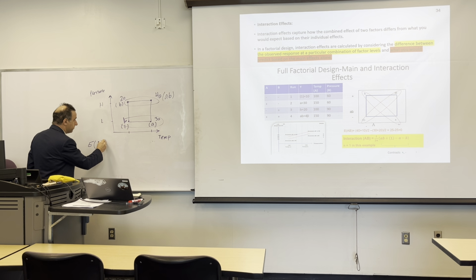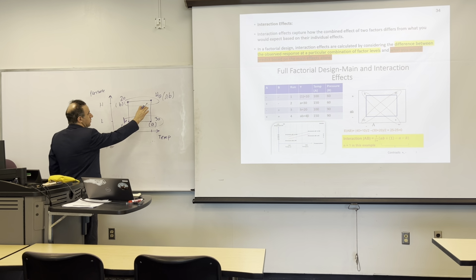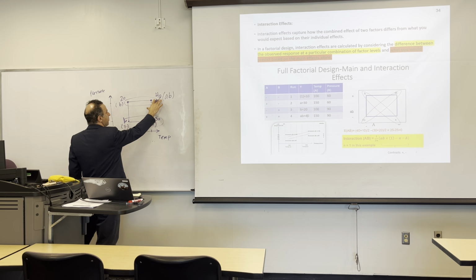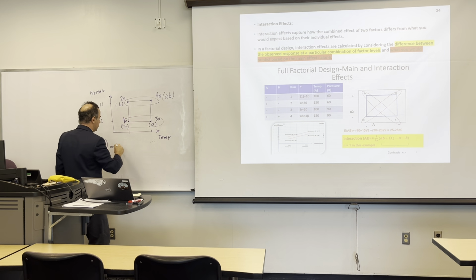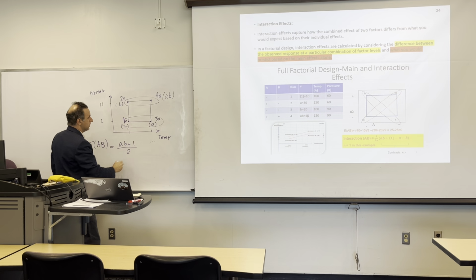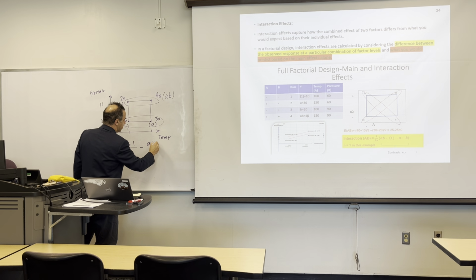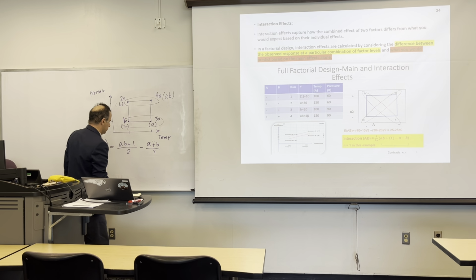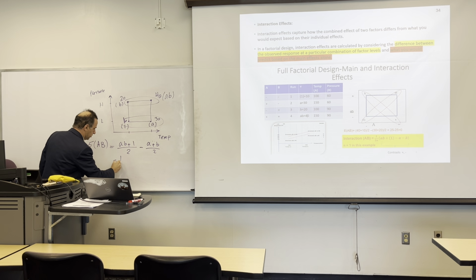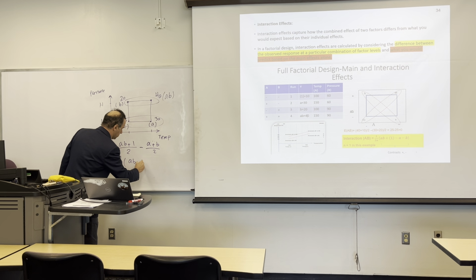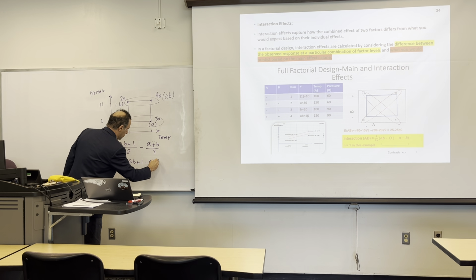AB. So we're going to take the average of AB plus 1 divided by 2, and then this one minus A plus B divided by 2. So AB plus 1 minus A minus B.